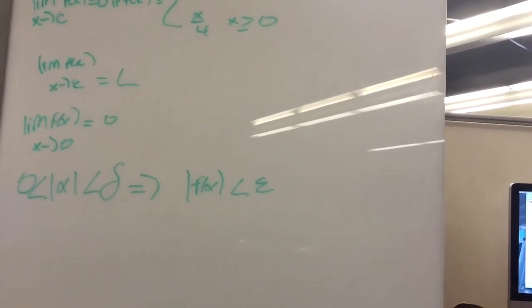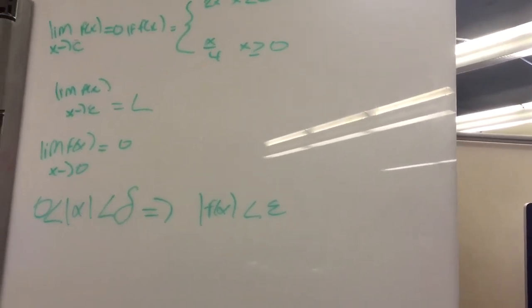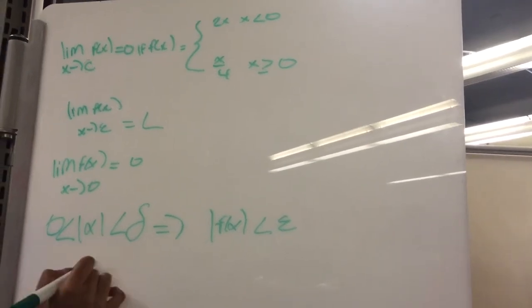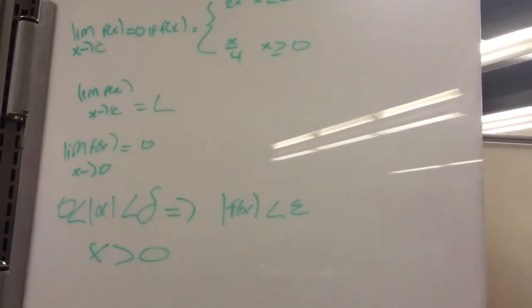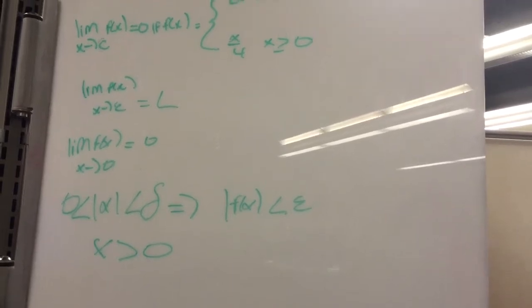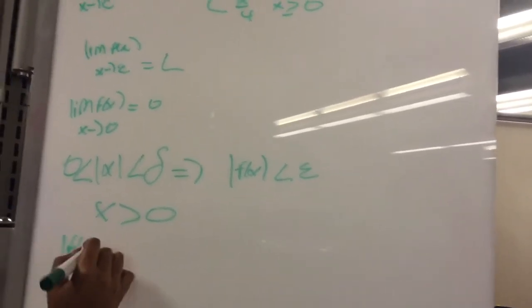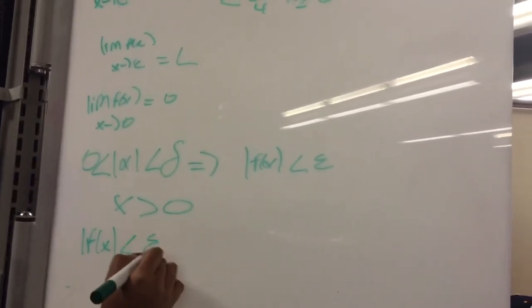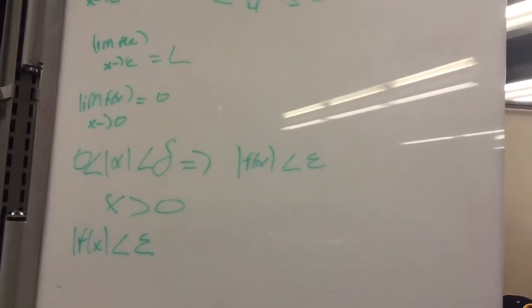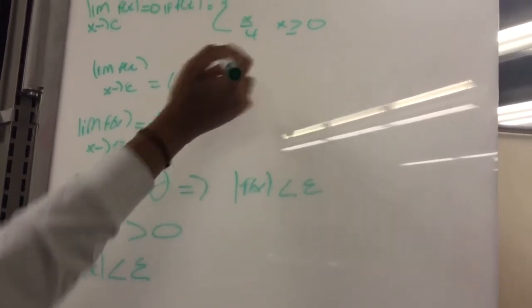So, we're to first consider when x is greater than 0. So they give us the absolute value of f of x is less than epsilon. When x is greater than 0, f of x will equal x over 4.